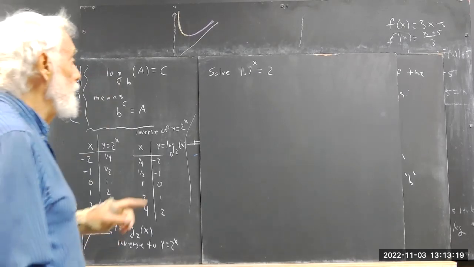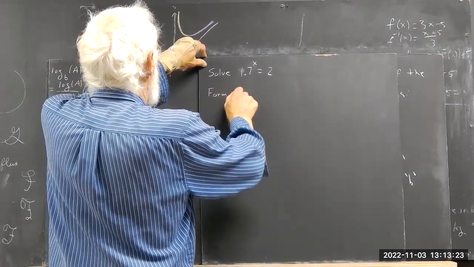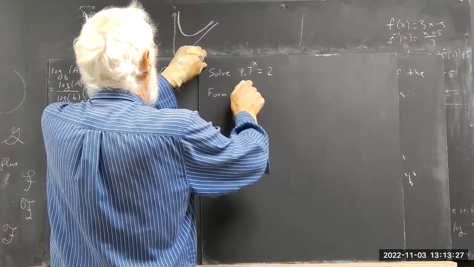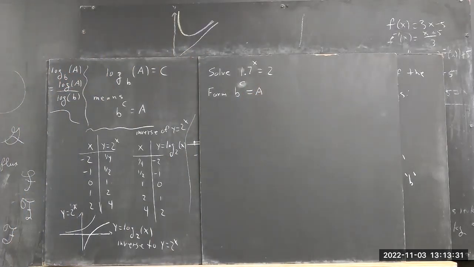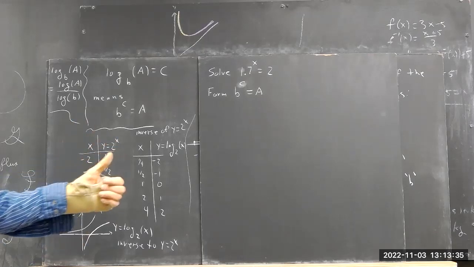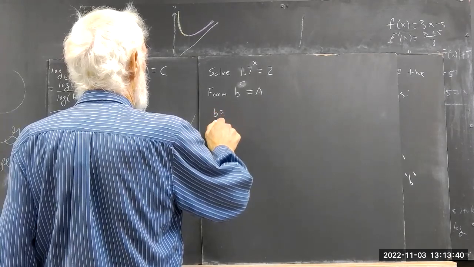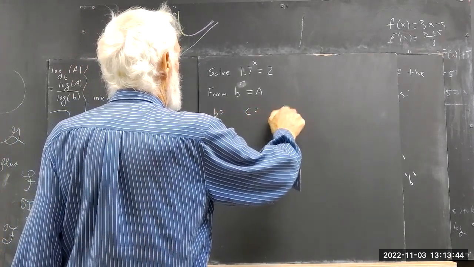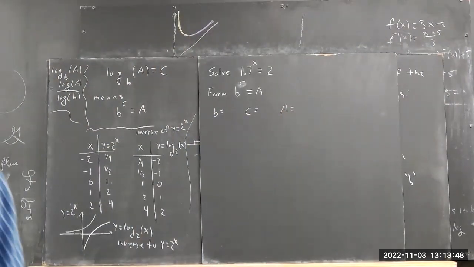So what we want to do here is, this is a form: B to the C equals A. What's the value of B? What's the value of C? I want you to write this down in your paper. B equals what? C equals what? A equals what? It's the simplest possible answers.